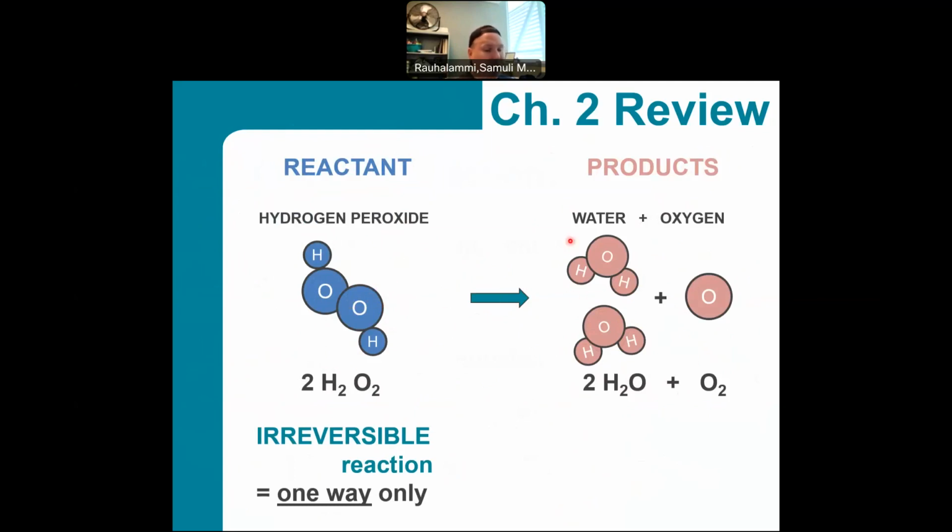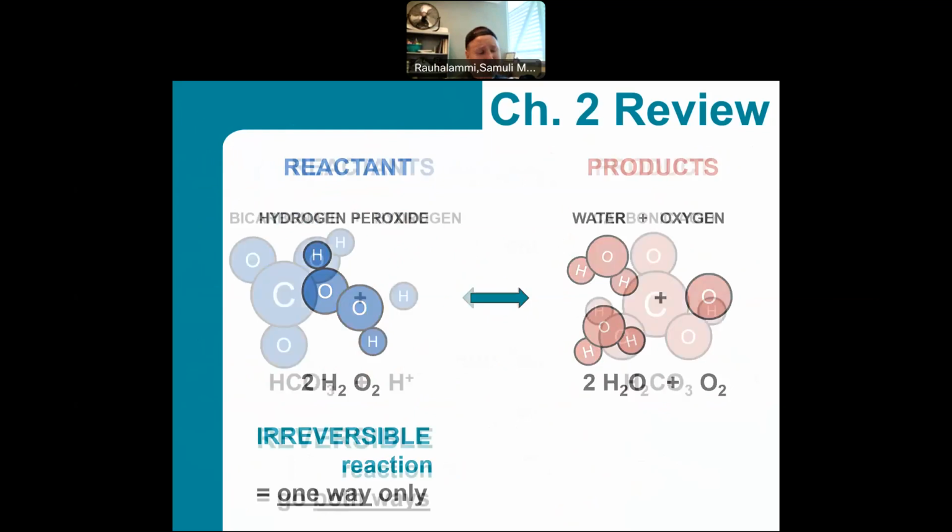So hydrogen peroxide turns into water and oxygen. It doesn't happen that just by having a jar of water and oxygen around, it would spontaneously rearrange itself to become hydrogen peroxide. So this reaction has only one direction. Reactants turn into products. And it's a one-way irreversible reaction.